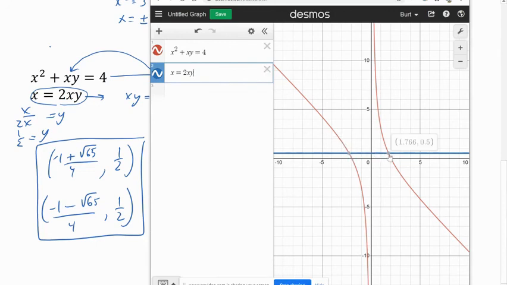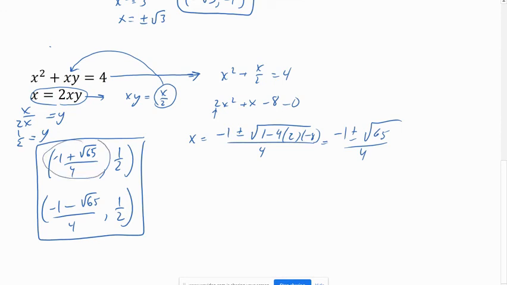So this number, 1.766, I'll bet this number is probably about 1.766. So if we plug that into a calculator, negative 1 plus the square root of 65 divided by 4, yeah, that is about 1.766.